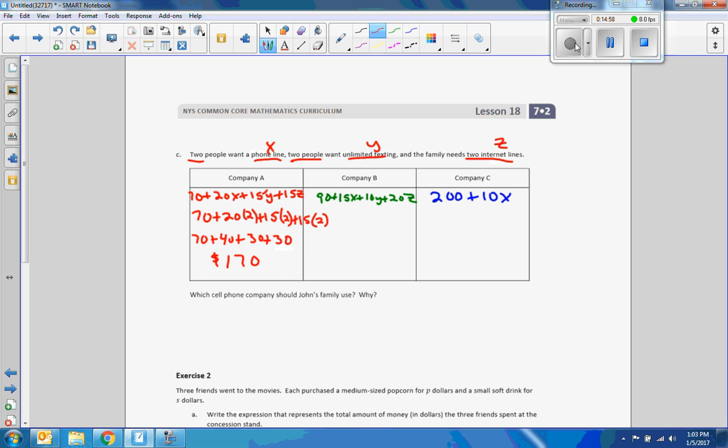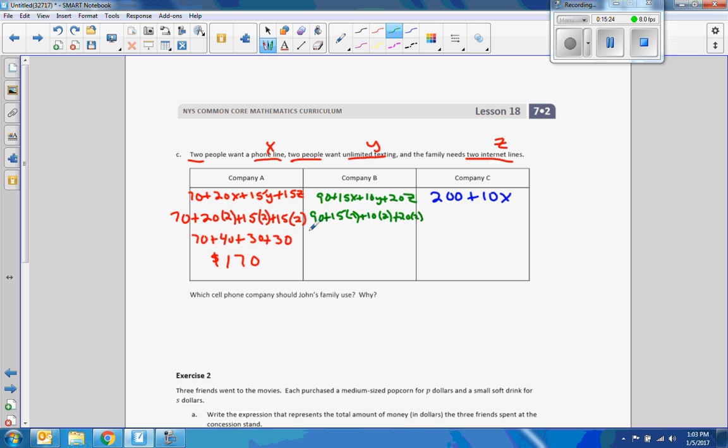Now let's do the next one. So we have the same scenario here, where x is 2, y is 2, and z is 2. So it'll be 90 plus 15 times 2 plus 10 times 2 plus 20 times 2.